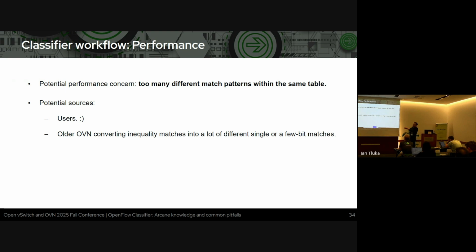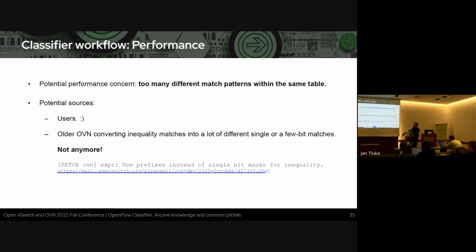There is a word "older" in here that's carrying a ton of heavy lifting, as older means like a couple weeks old in this particular case. So if you have a pretty recent change in OVN, it will not do that anymore.